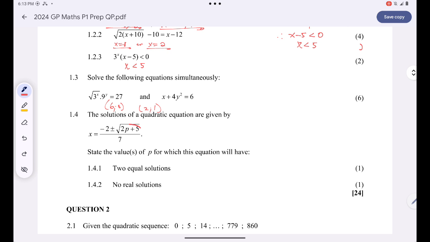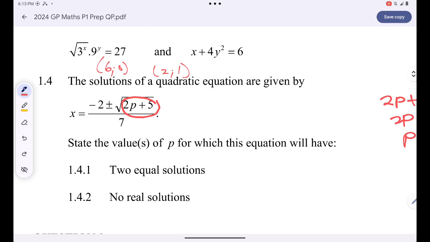Delta is the one that appears under the square root over there. So that simply means 2p plus 5 is equal to 0, and then 2p is equal to negative 5, and hence p is negative 5 over 2. So for my equation to have two equal roots, p must be equal to negative 5 over 2.